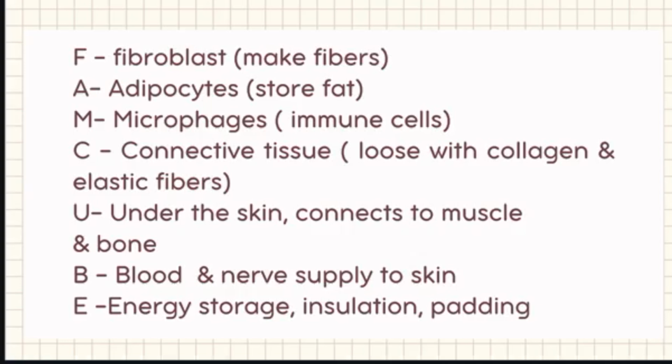Next is U, which refers to the layer under the skin that connects it to muscles and the bones. B is for blood and nerve supply, which brings oxygen and signals to the skin. Lastly is E. It means this layer also stores energy, provides insulation, and acts as the padding to protect the body.